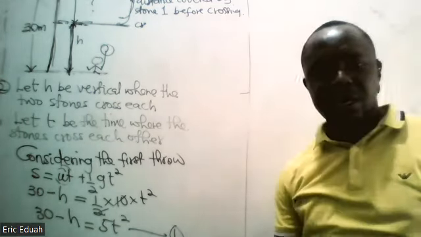Sorry. Good. And once you have the time, you can easily calculate for the vertical height where the two stones would cross each other. Okay, so go ahead and then make me proud. Calculate it for me where the two stones cross each other.